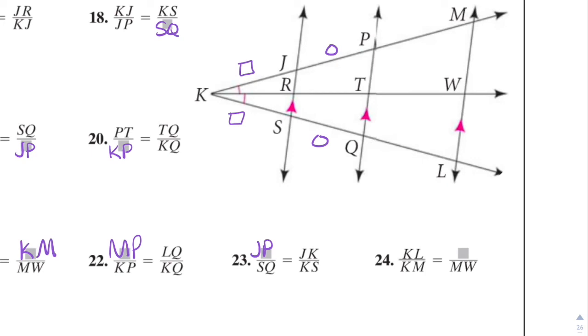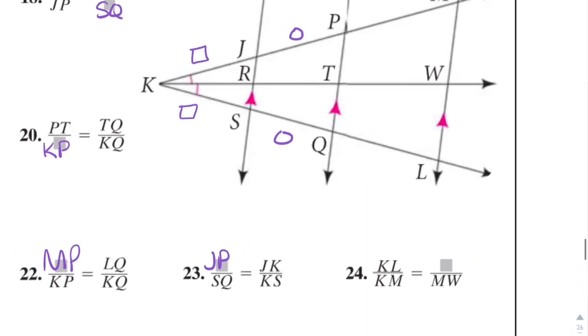Yeah, that order. JK, KS, SQ. It's probably supposed to be PJ, but that's okay. JP or PJ. PJ, JK, KS. Yeah, let's just leave that.